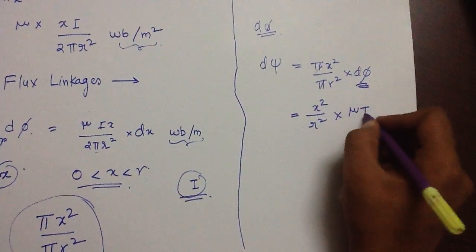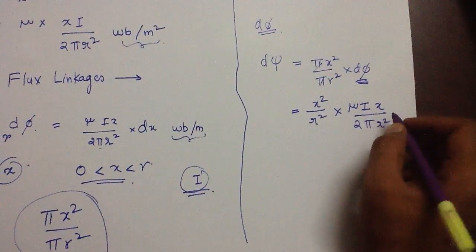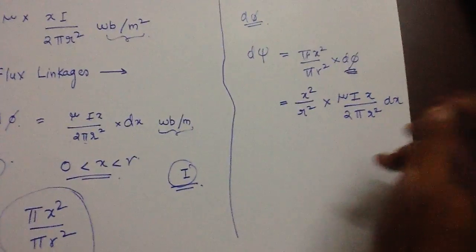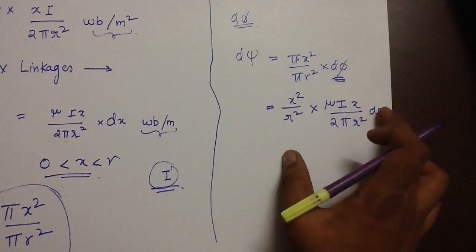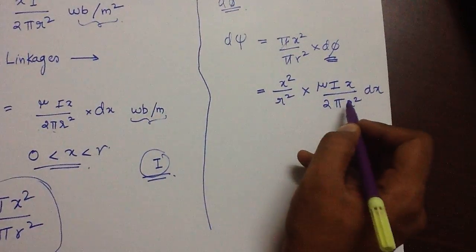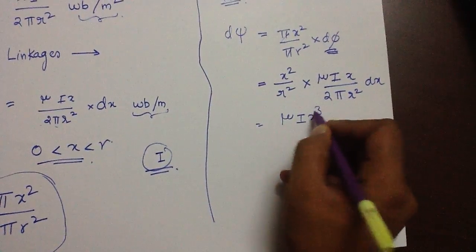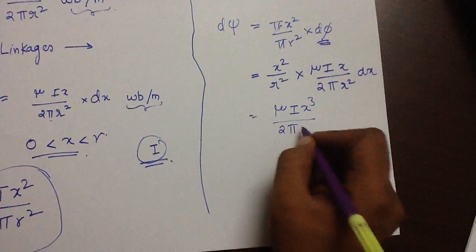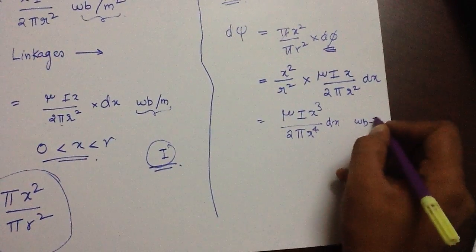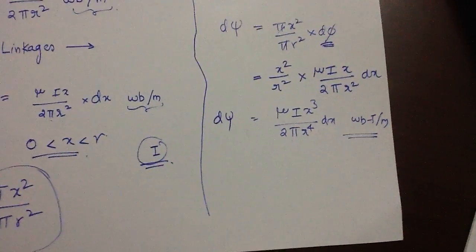Substitute the values: mu Ix by 2 pi r square dx. So this is your flux linkage for that particular spot. Now we have mu I x cube by 2 pi r power 4 dx Weber turn per meter. So this is d psi.